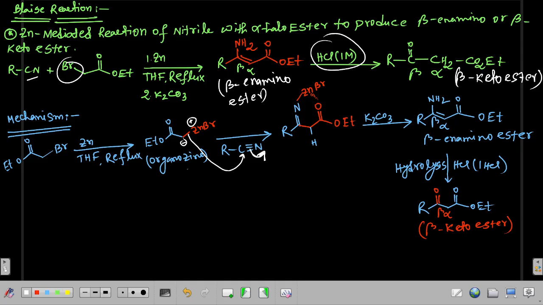So it will form this R C double bond N, and it will be bonded with this CH, then ester group, and this nitrogen will be bonded with ZnBr, so it will be shown here. So in presence of potassium carbonate, it will form this beta enamino ester. In presence of acid, if we do hydrolysis of this intermediate, it will give beta ketoester.